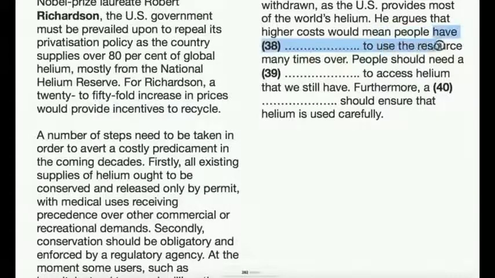Have to use the resource. People have a chance to use a resource, have an opportunity to use a resource. So we're looking for a noun. If we look through here again, well, it can't be Richardson, because we've already said use Richardson here. This is an increase. People have an increase to use the resource. That makes no sense.